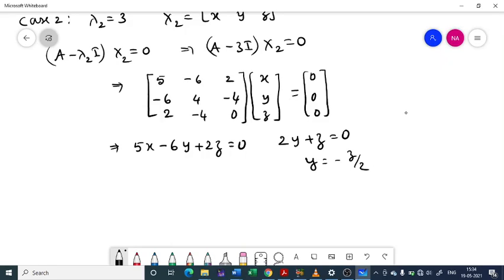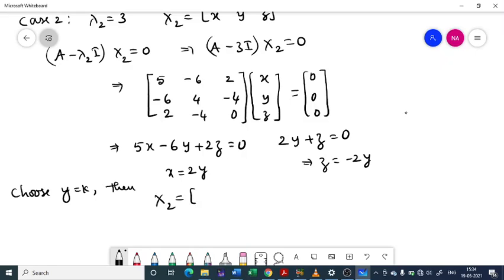Let us avoid fractions, since having a fraction is not good. So z equal to minus 2y, and you can check that x will be equal to 2y. Choose y equal to k, then x2 will be, you can check, 2k, k, minus 2k transpose.